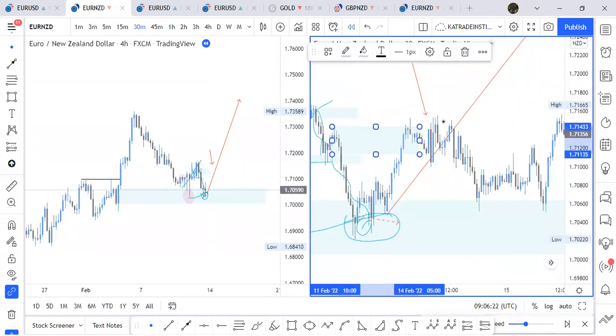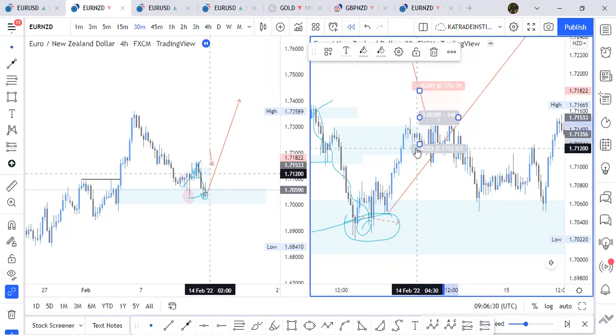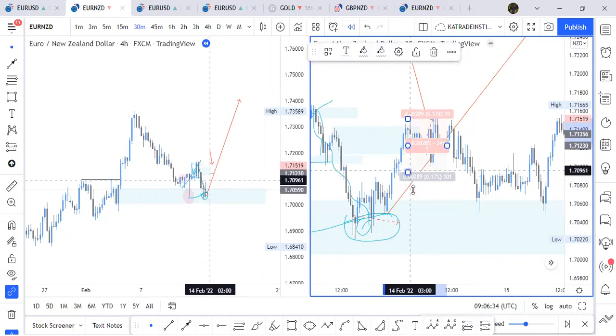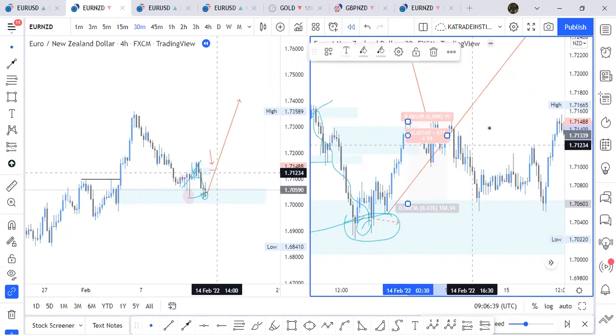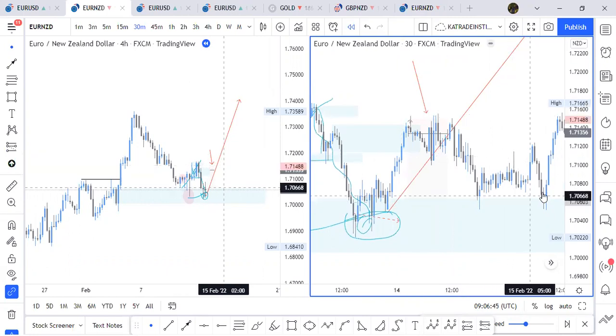Let's say maybe you took a short trade around this area, definitely you place your stop loss maybe around this area, and then your entry is around this area. You could see that your stop loss hits, right? But price went down again.